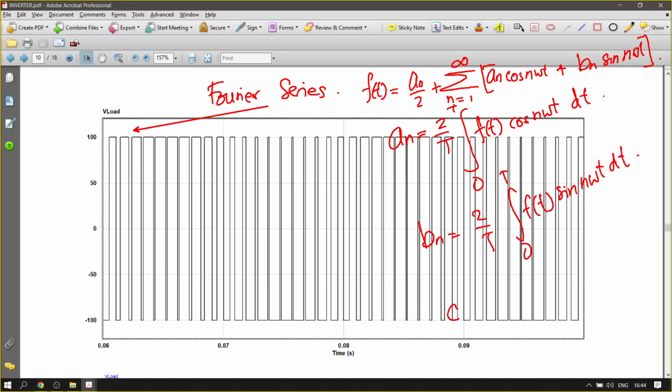And finally, Cn is equals to the square root of An squared plus Bn squared, which is finally f of T can be also represented by A naught over 2 plus the summation of n equals 1 to infinity Cn sin n omega t plus Pn.